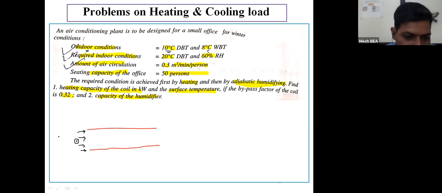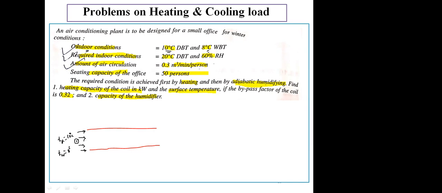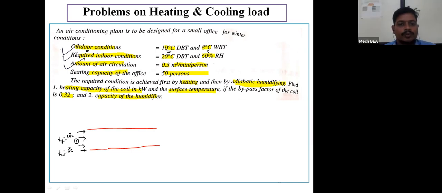So this air has the dry bulb temperature of 10 degrees centigrade and wet bulb temperature of 8 degrees centigrade. Now the required indoor conditions are 20 degrees centigrade dry bulb temperature and 60% relative humidity.